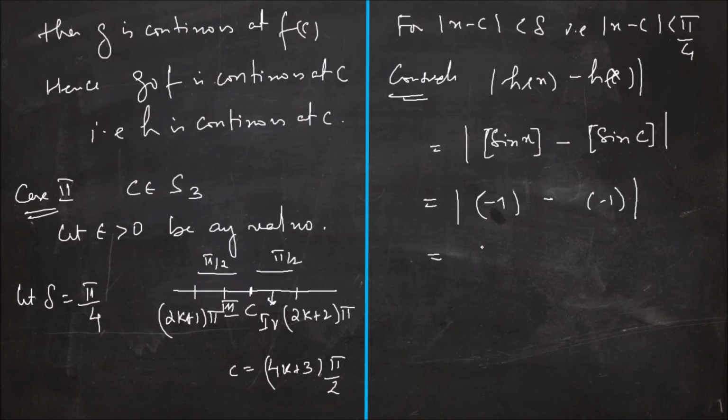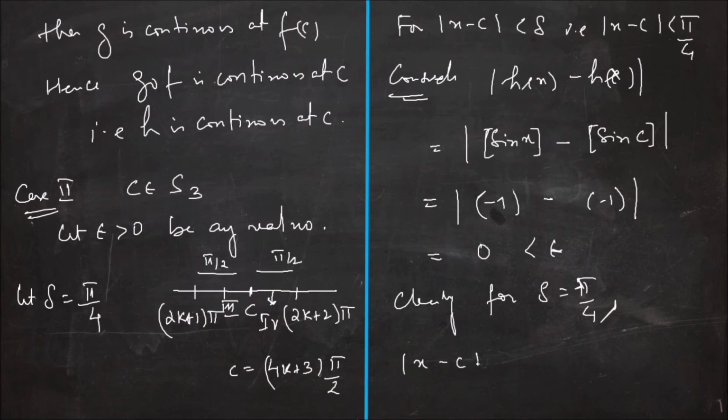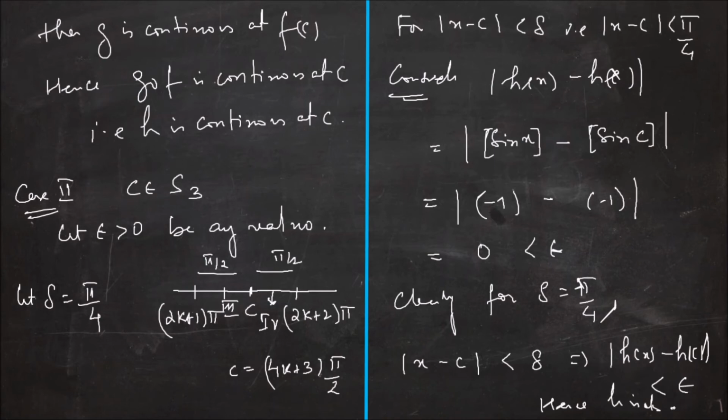So this is equal to 0, which is trivially less than epsilon. So clearly for delta equal to π/4, |x - c| < delta implies |h(x) - h(c)| < epsilon. Hence h is continuous at c.